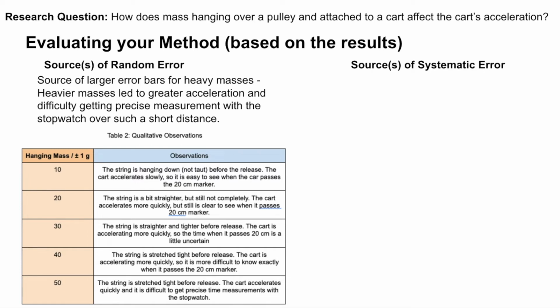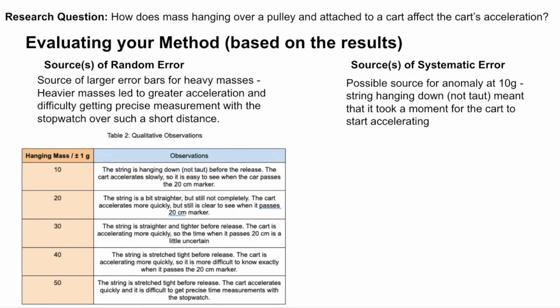For systematic error, one possible source could be looking at that anomaly at 10 grams. I mentioned we had this data point at 10 grams that had very small error bars, but it was not touching the trend line. So that suggests some kind of anomalous point. And one explanation for that comes from these qualitative observations. At 10 grams, one of the observations is that the string is hanging down.